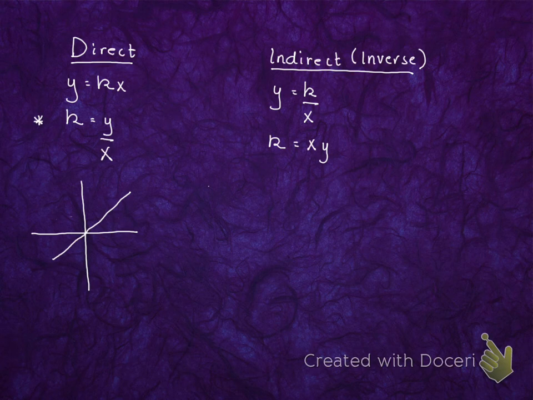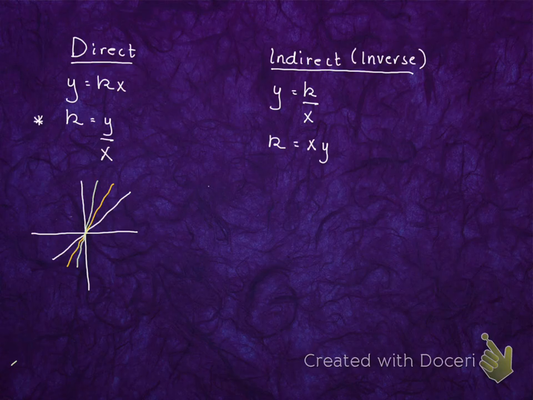So we may have a line with a slope of what appears to be about 1. Then we may also have a line with a slope that appears to be about a 2, maybe another one with a slope of about 3. But the thing is, they all go through the origin.